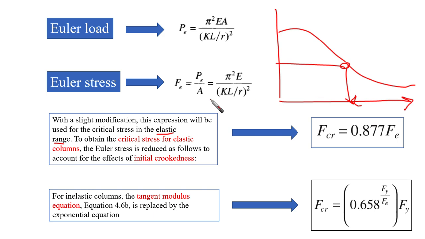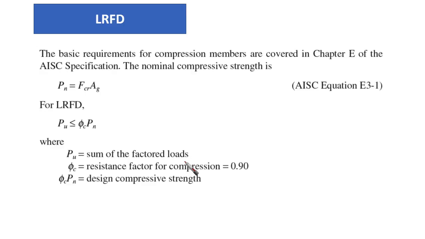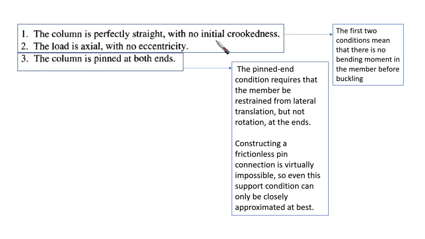Then we're going to use this Fe, but we are going to decrease it a little bit. Why? Because we are considering that there is initial crookedness. Do you remember that? In our assumptions, we said there is no initial crookedness. Well, we put it as an assumption, but as I said, in reality this would not be the case.